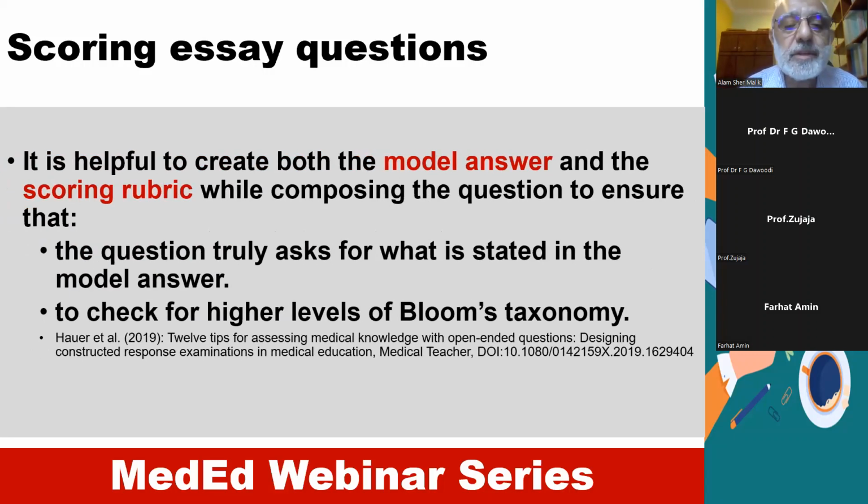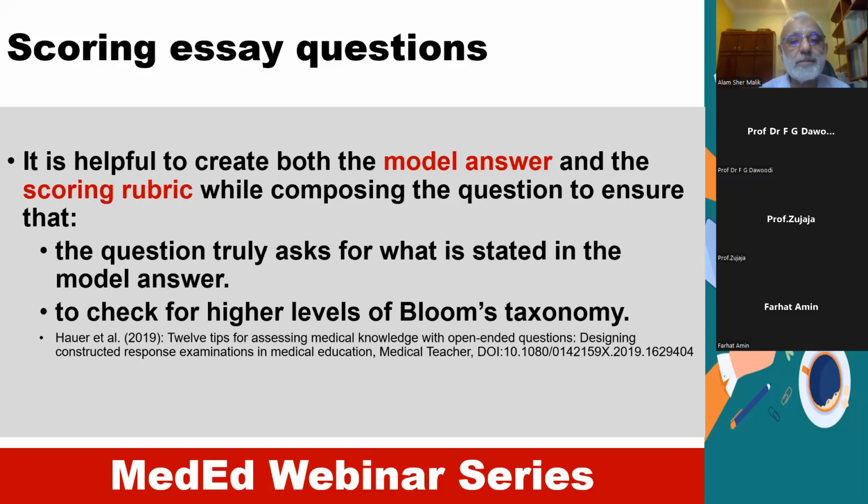It is helpful to create both the model answer and scoring rubrics while composing the question, to ensure that the question truly asks for what is stated in the model answer, and number two, to check for higher levels of Bloom's taxonomy.